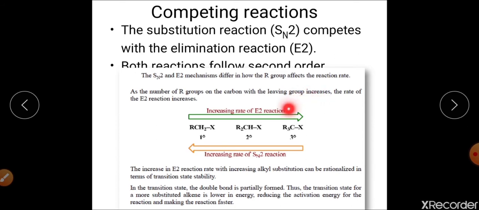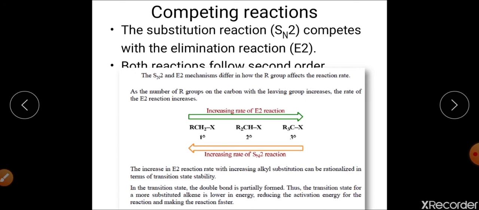Reason being, in the transition state there is a formation of a carbon-carbon multiple bond, right? So when we are having a tertiary alkyl halide, the transition state will be more favored, because we have started the formation of the carbon-carbon multiple bond.